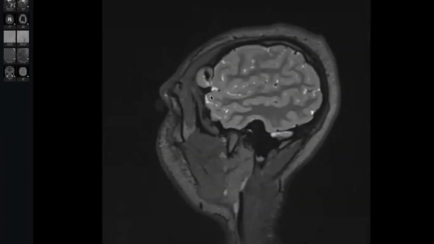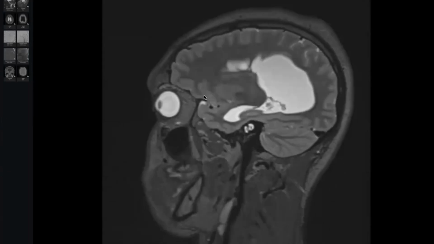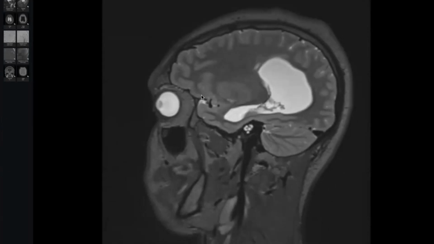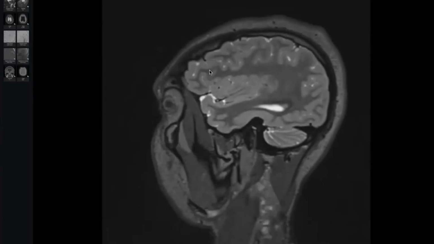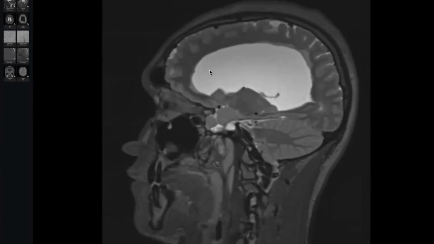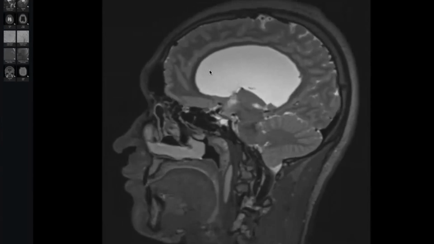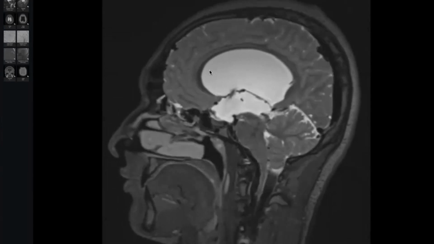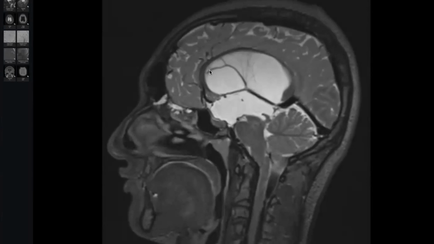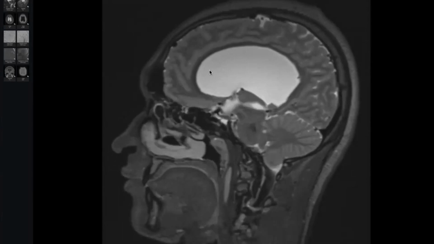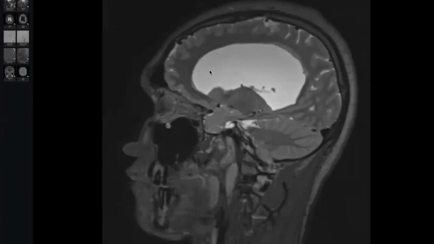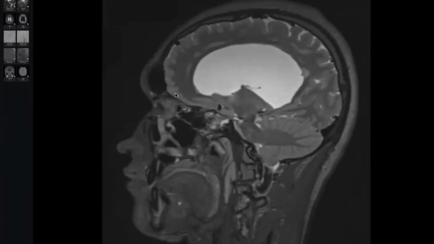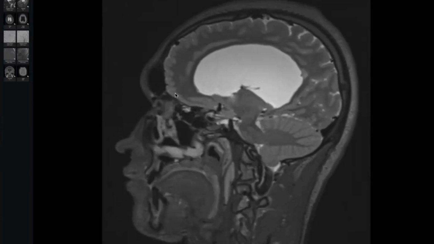So I'm suspecting non-communicating hydrocephalus with site of obstruction between third and fourth ventricle. I would urgently convey my findings to the referring physician and refer this patient to neurology for management.